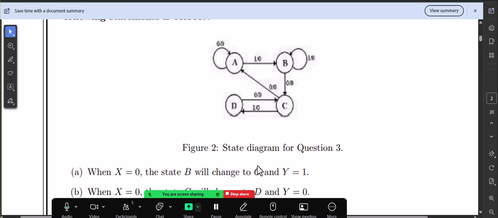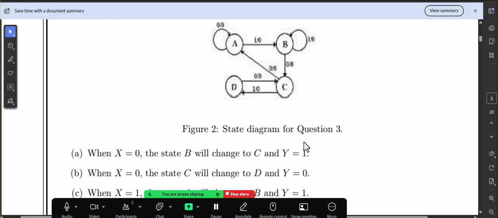So it must be that if you see a 1, 0, that means the input is 1 and the output is 0. Let's see if that makes sense. Yeah, it does make sense. Okay, so it's drawn that they don't have the little slash in there.